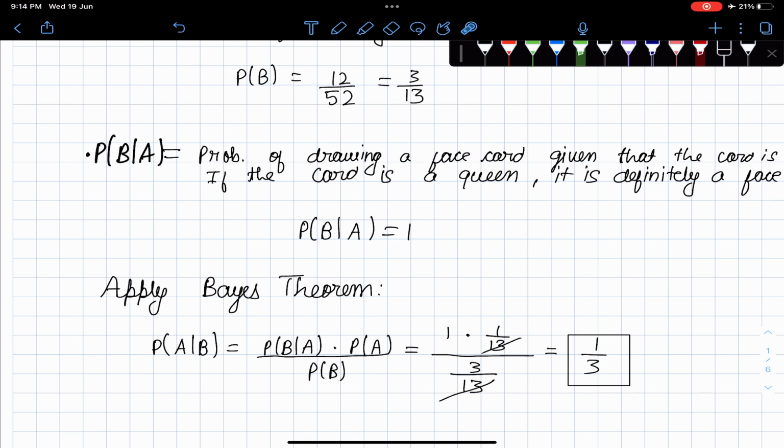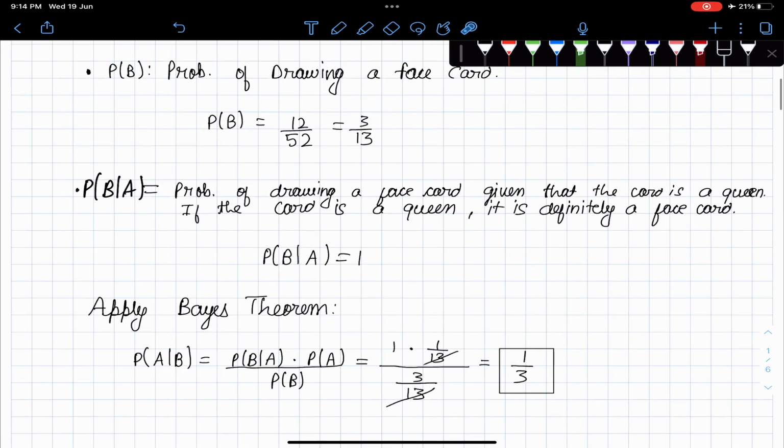So let's understand this. What is the probability of getting a face card if it is a queen card? What is the probability of getting a face card given that the queen card has already occurred?